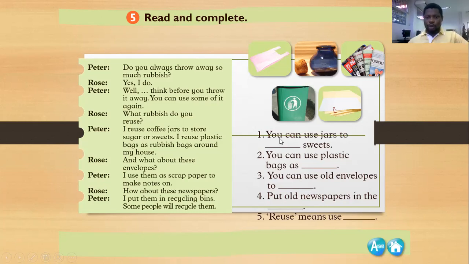Okay. You can use jars to, what is the answer? That's sweets.